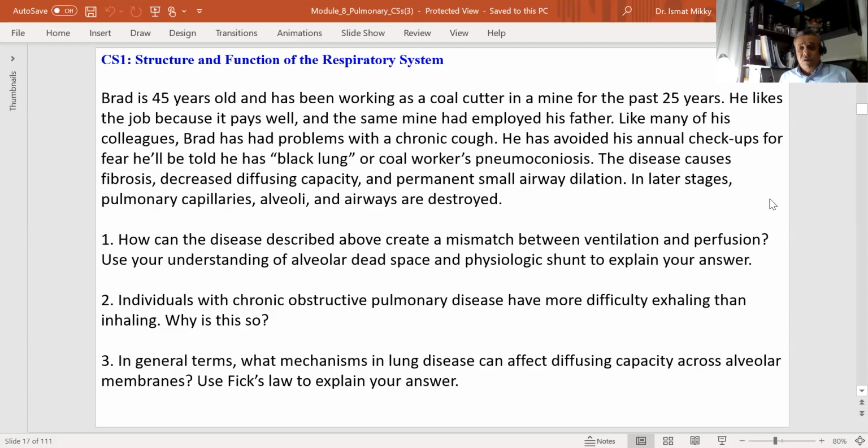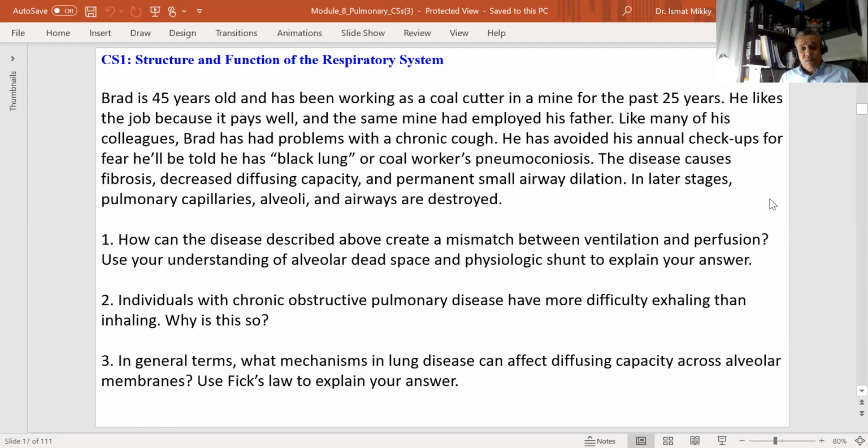Now, in obstructive pulmonary disease, there is increased airway resistance, which therefore adds to the resistance already present during exhalation. That's the problem with COPD, chronic obstructive pulmonary disease.